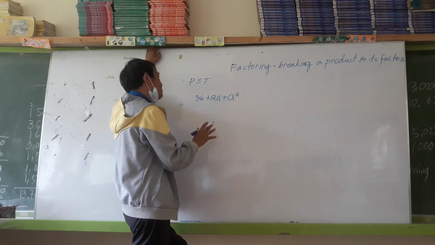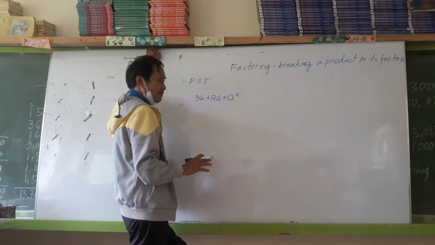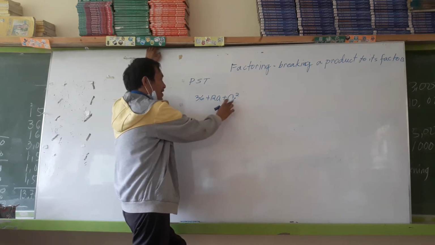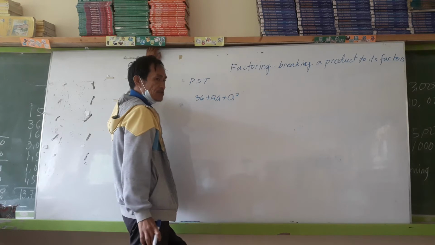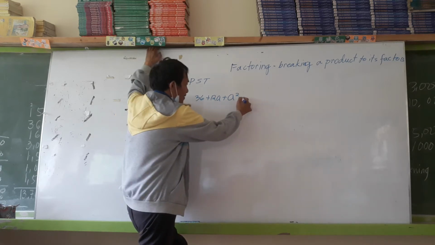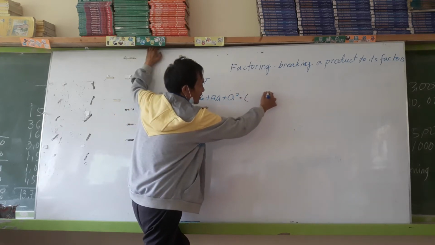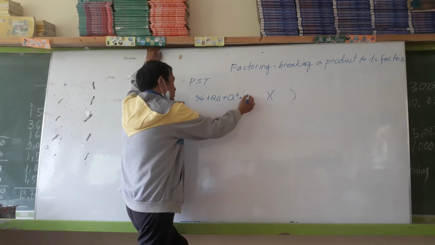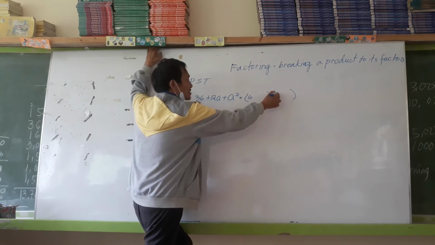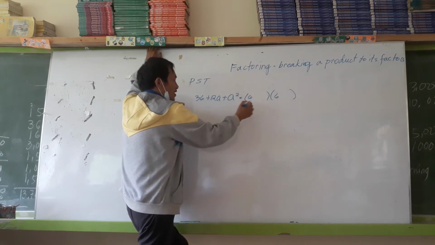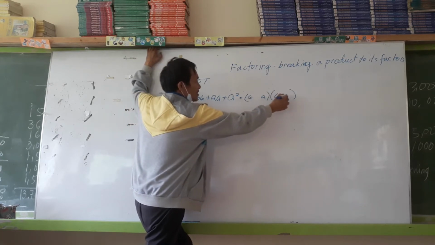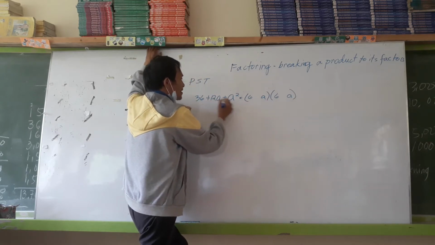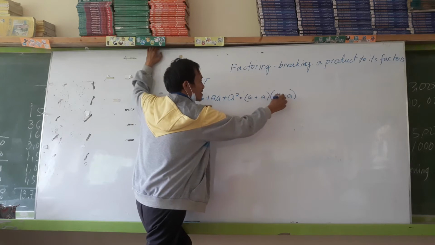So you observe, if they are all positive, the first term and the last term are perfect squares. So you can factor this into two binomial factors. Get the square root of the first term, that is 6 and 6. Square root of the last term, that is a and a. Then follow the sign of the middle term, that is plus.